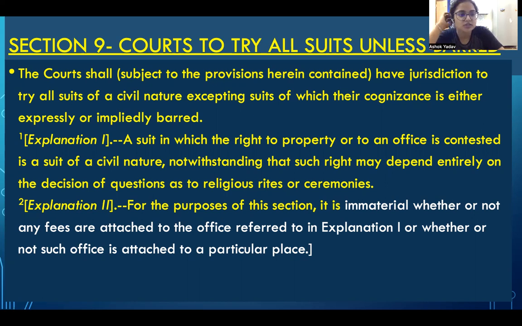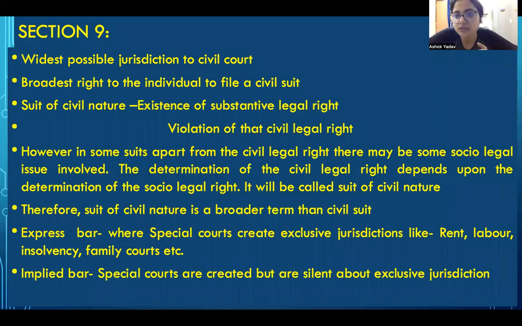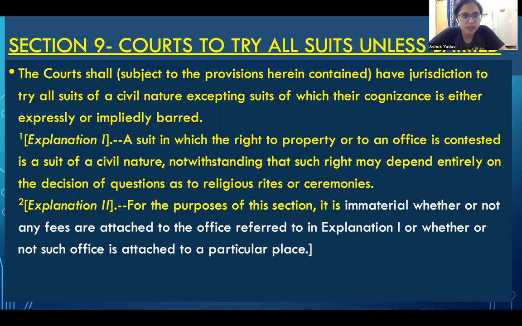So you can say that by this section, it is giving the widest possible jurisdiction to the civil courts, and at the same time, it is giving the broadest right to an individual to file a civil suit.